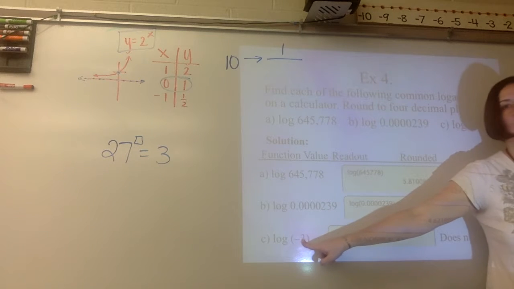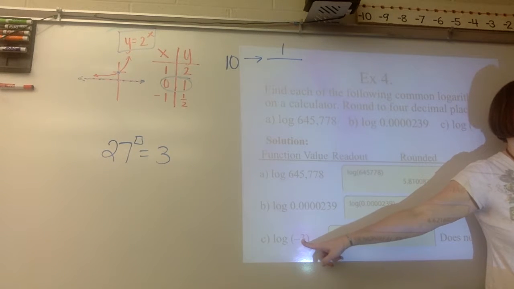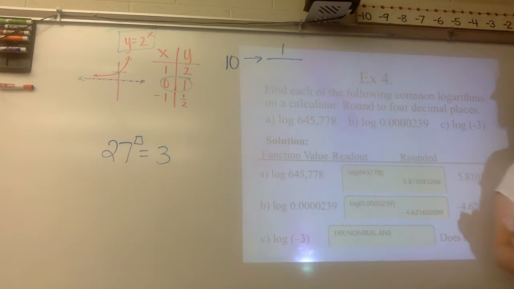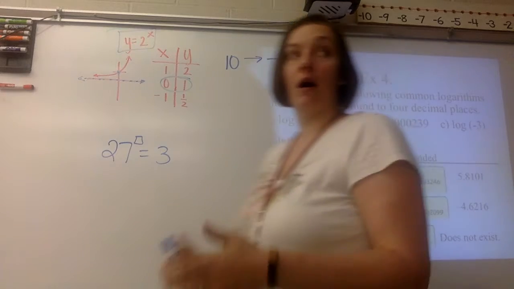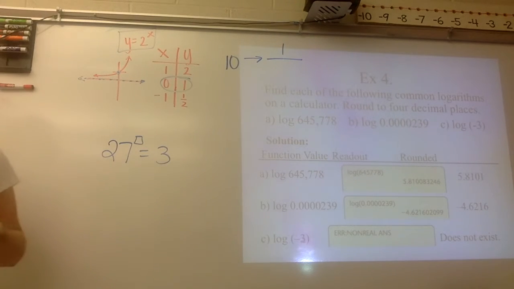Can I ever get a negative in this answer spot? No. Can I ever use 10 as a power and generate a negative number as my answer? No. That's illegal. It doesn't happen. Therefore, the logarithm doesn't exist. There is no answer to the problem.